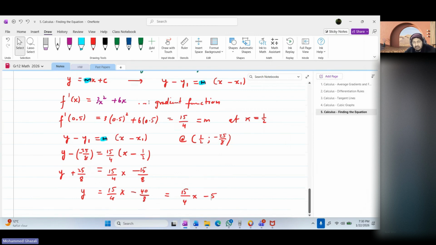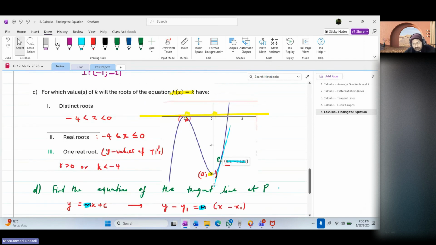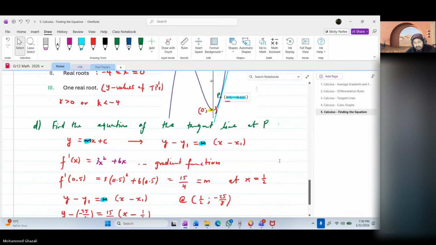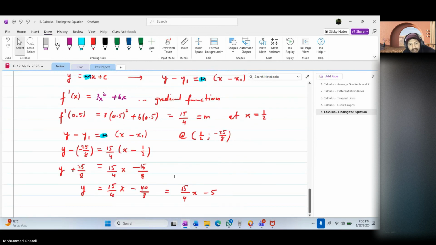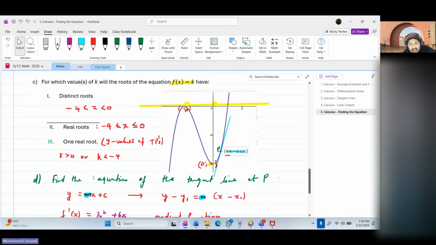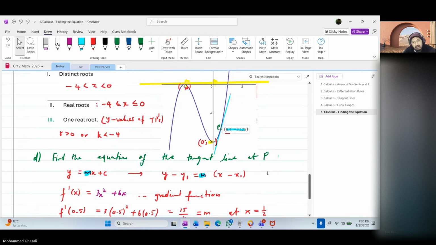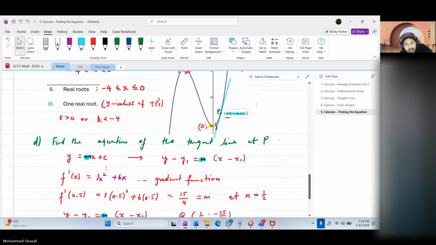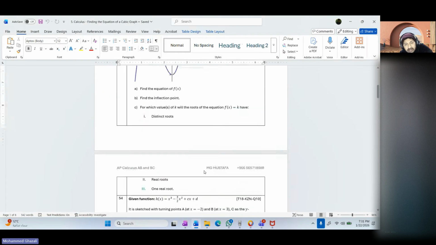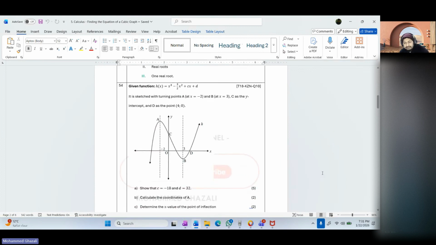And you can see the equation of the tangent line is intersecting somewhere around there at negative 5. So this answer is correct. Right, so I hope you guys understood that. Let's move on to the next question.